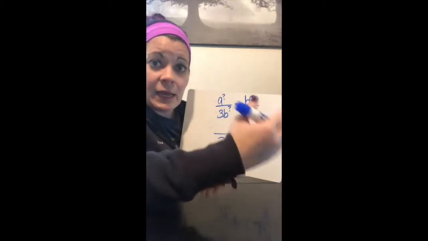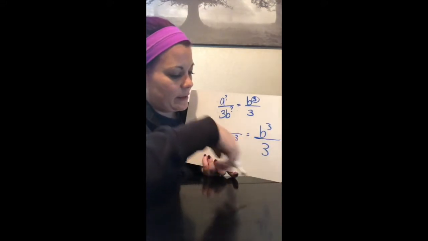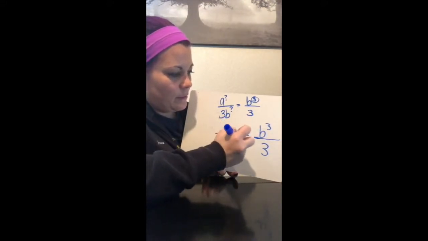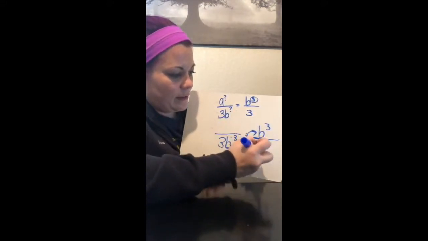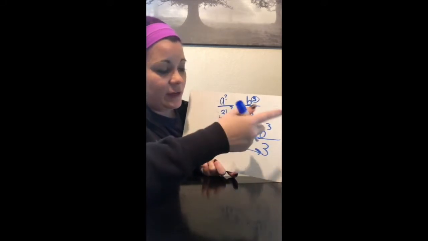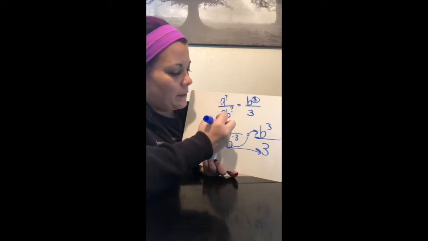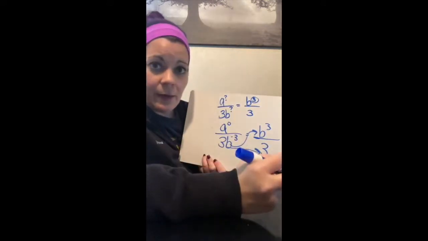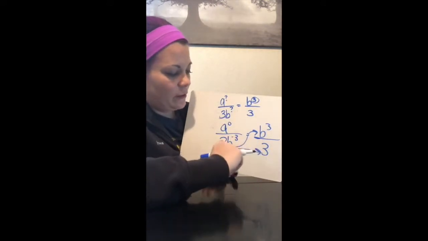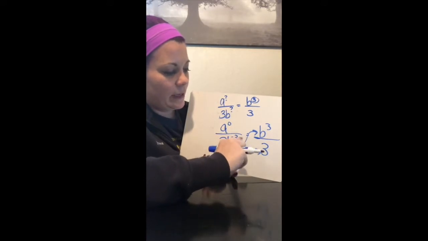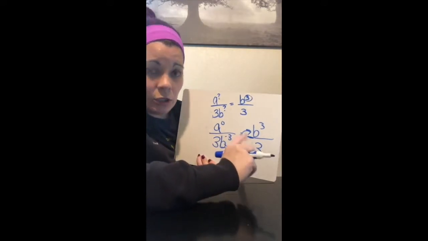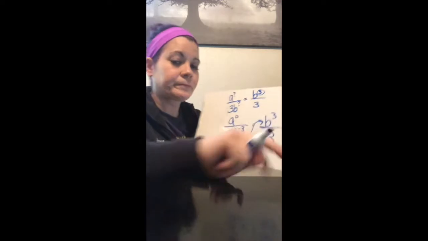Well, how do I make a just go to 1? The b moved up here, but the 3 just stayed the same, and there's nothing else there, so obviously a became a 1. So a to the 0 power becomes a 1, giving you a to the 0 over 3b to the negative 3, which will simplify to b cubed over 3.